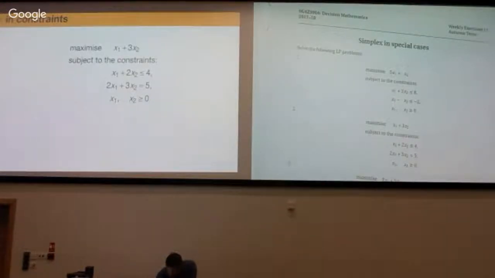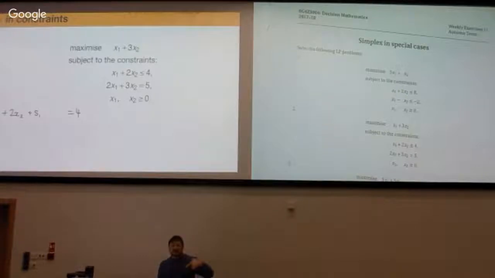Okay, so the first constraint, you can just add a slack variable. So the first constraint is x1 plus 2x2 plus s1 equals 4. There's no surprise there. The second constraint, you can't add a slack variable because there's no less than or equal to, and you can't add a surplus variable because there's no greater than or equal to.